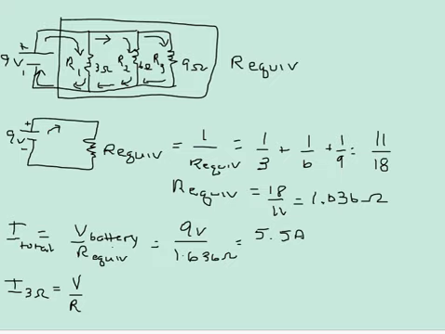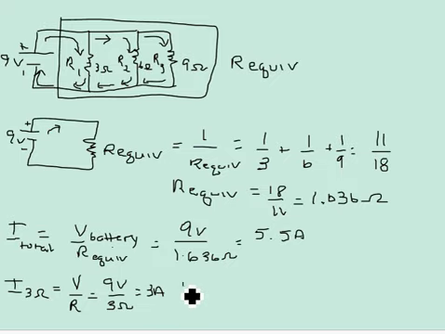The parallel circuit tells me the voltage across each individual resistor is the same as the voltage of the battery. So if the voltage of my battery is 9 volts, the voltage across my resistor here is 9 volts. So 9 volts divided by 3 ohms equals 3 amps.